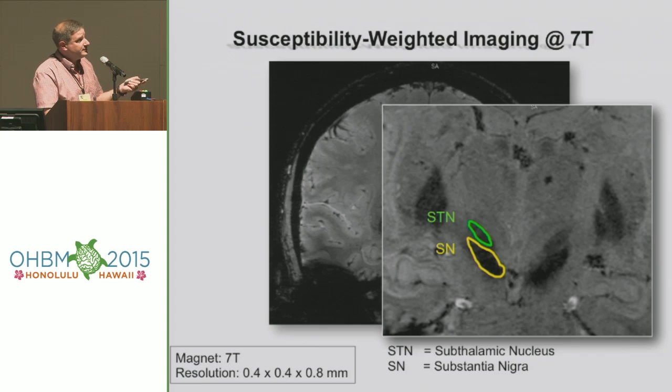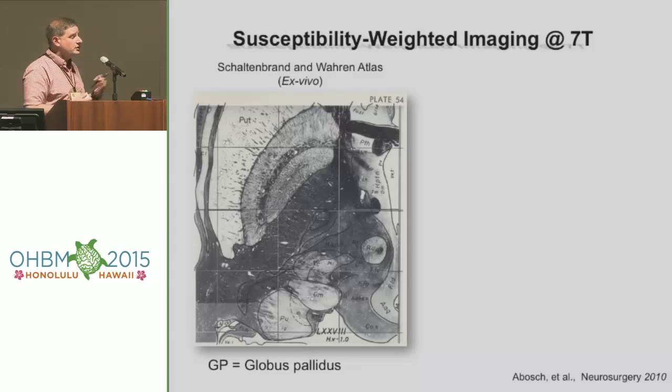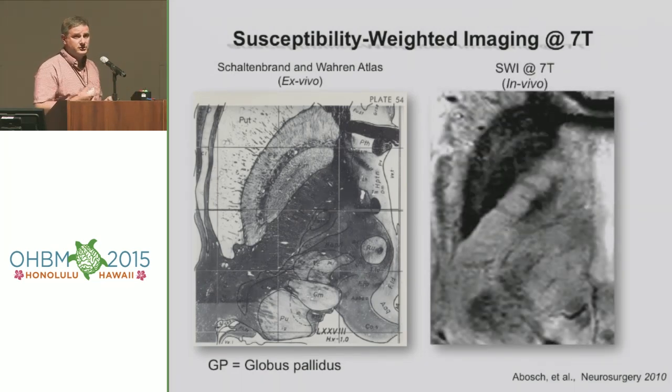You can see nicely the borders between the GPI and GPE, the globus pallidus internal and external. So when you have so much information from these types of images, you can go back to the Bible of neurosurgery, the ex vivo atlas, and try to figure out how well you can do in vivo today.